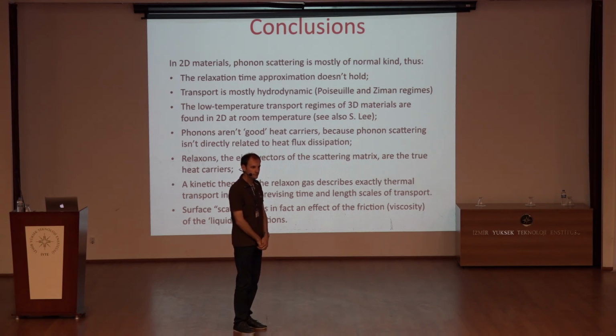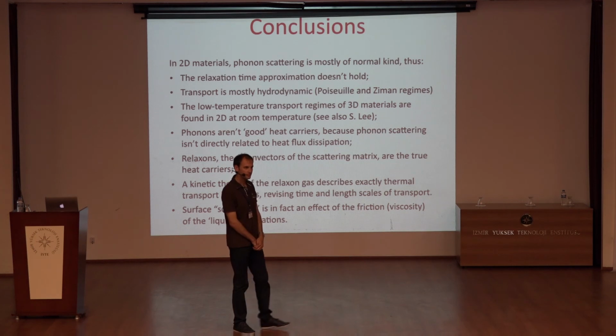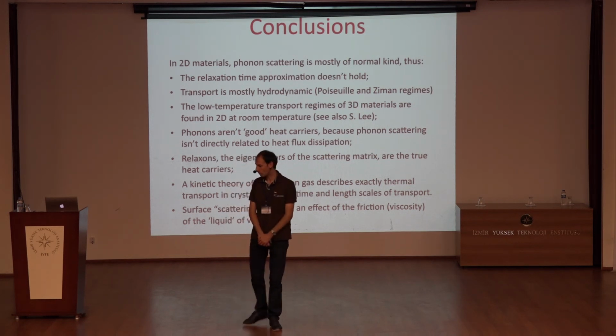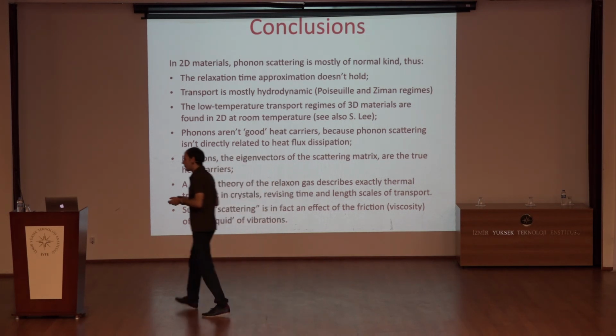You say that the relaxation time approximation does not hold for 2-dimensional systems, but we have seen many plots for thermal conductivity of 2-dimensional systems, and they are in good consistency with experiments.